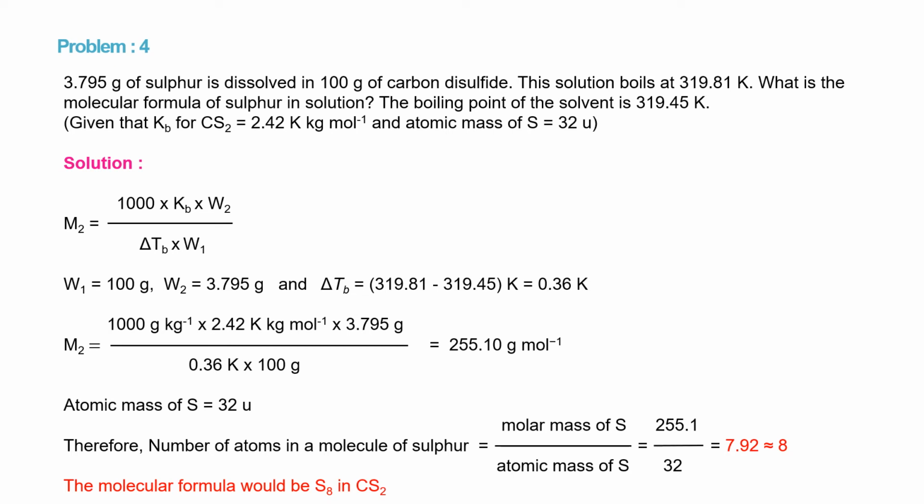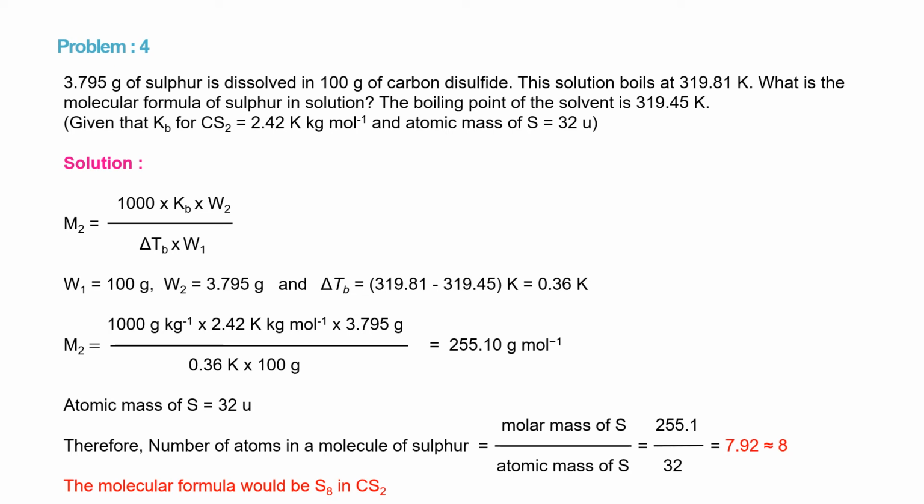So W1 is equal to 100 gram. Now W2 is equal to 3.795 gram. Okay. Now they have given you two boiling points. One boiling point is of the solution and another is of your solvent.